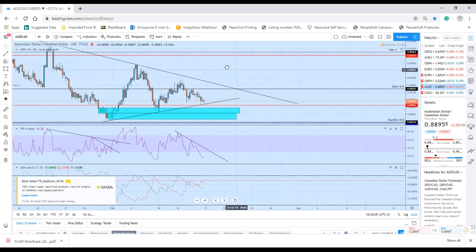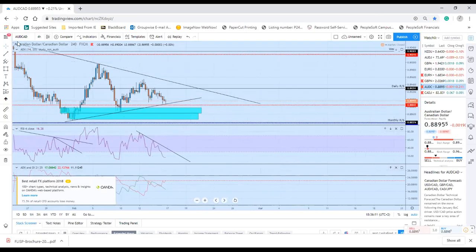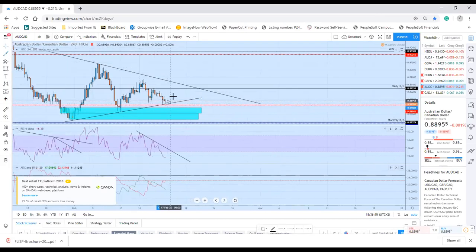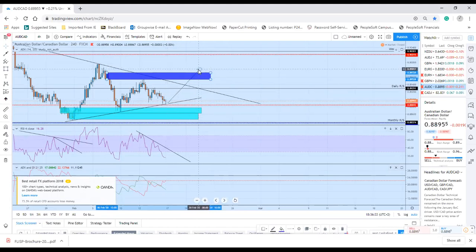I'll be looking to either go to this area here or this over here, or continue going up and testing around this supply zone over here. So that's what I'll be looking at on OutCAD.